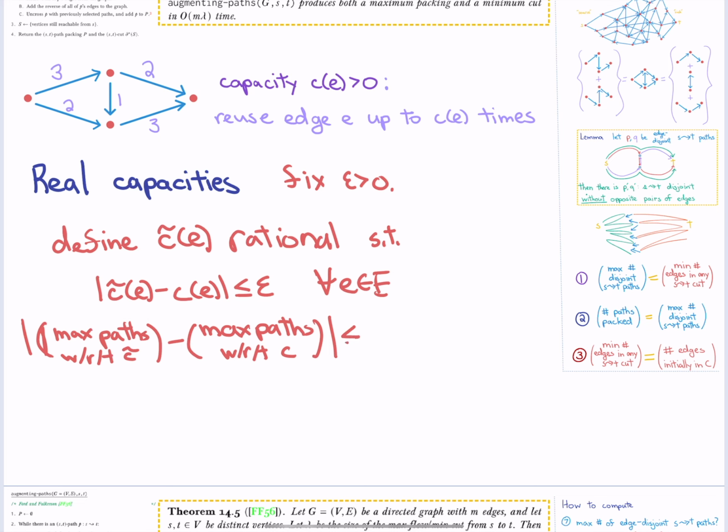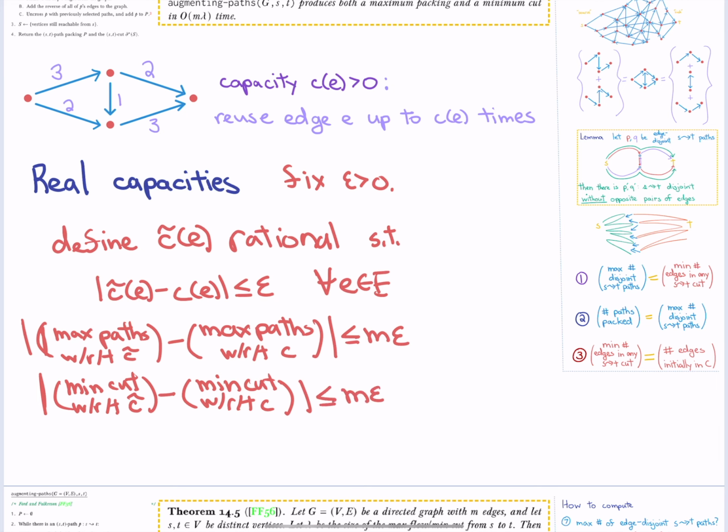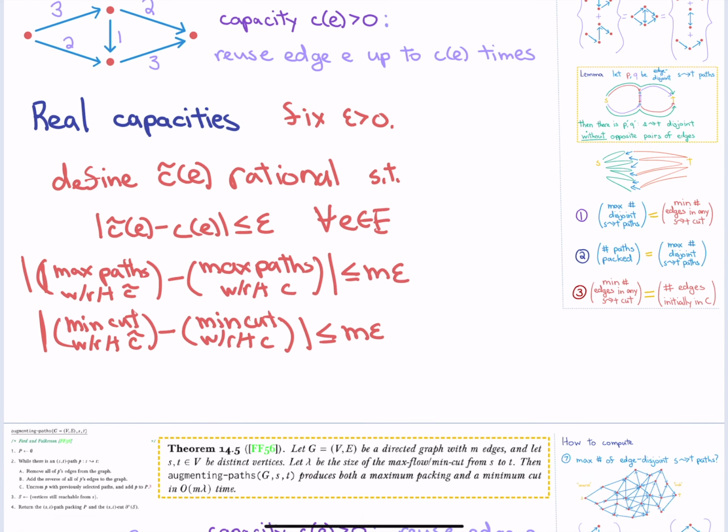Maybe it's going to be at most m times epsilon. And same thing, the min cut with respect to my rational approximation is also going to be really close. You're adjusting each edge by at most epsilon, so the difference will be m times epsilon.